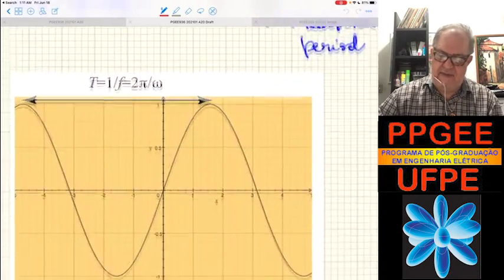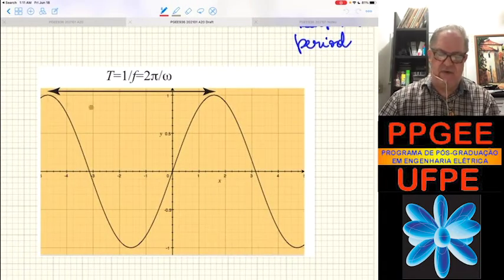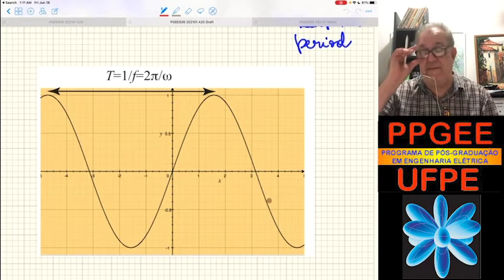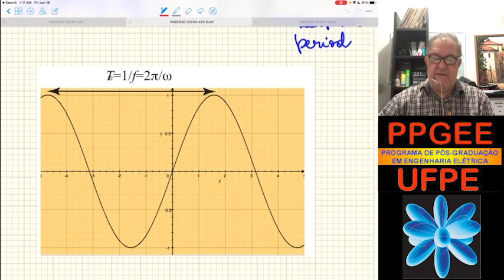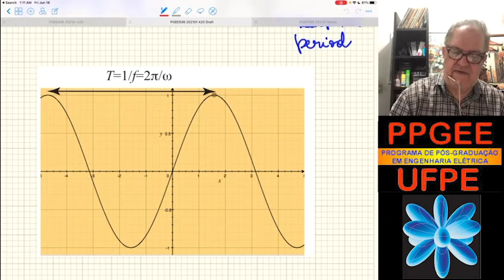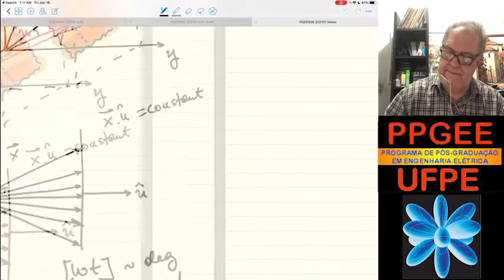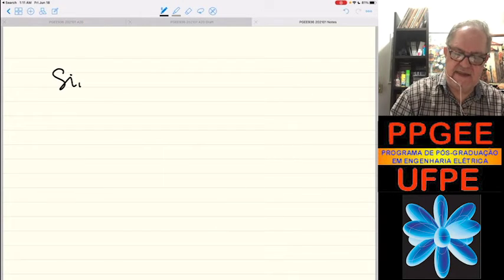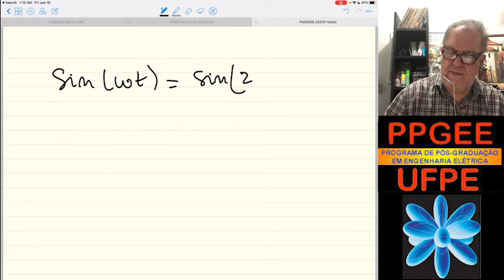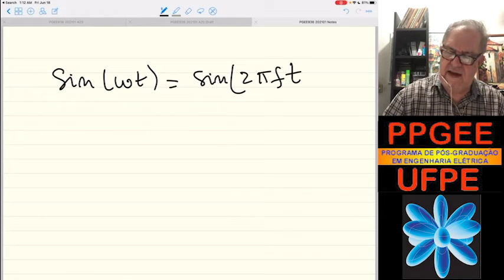And if we look at the behavior of the temporal function, how the quantities change in time, we have a periodicity. Well, the period is given by T, which is the inverse of the frequency, right? After one period, the argument of the function is something like, let's say sine of omega t equals sine of 2 pi f t, right?